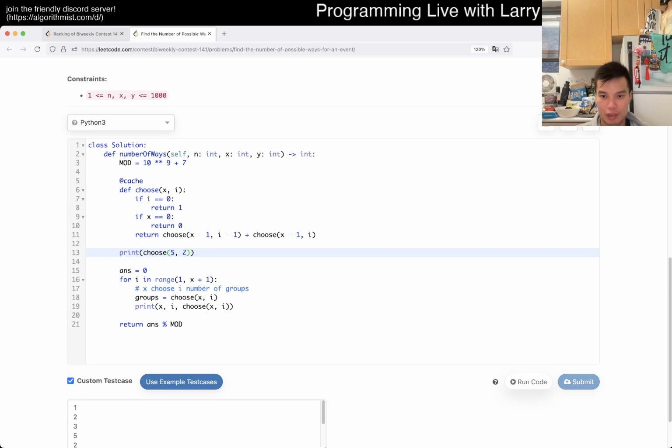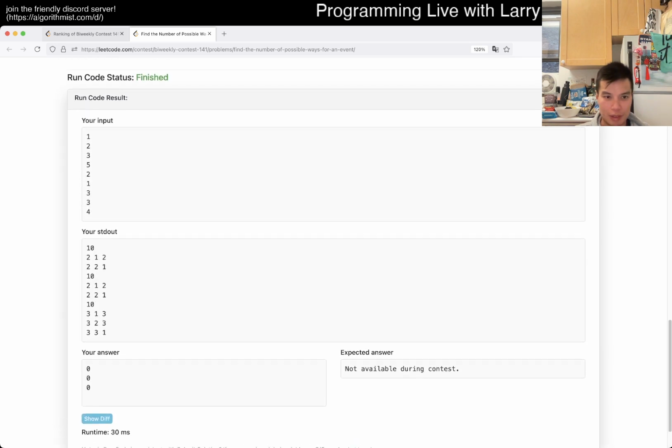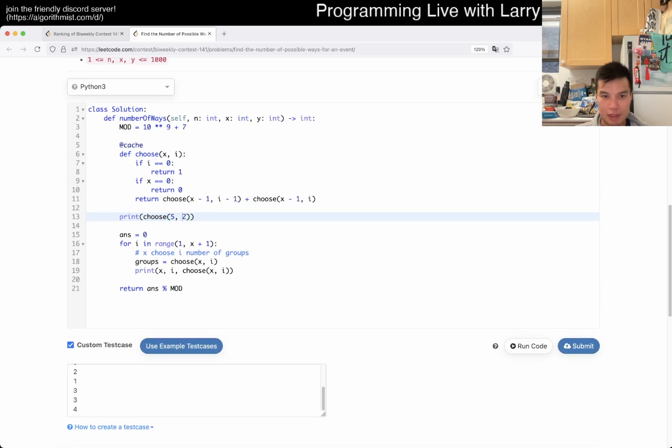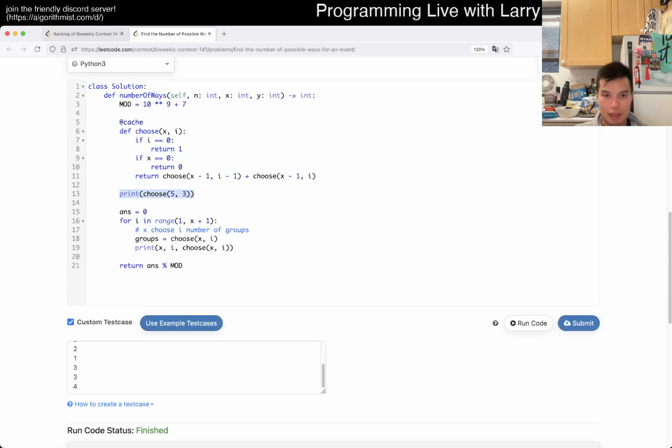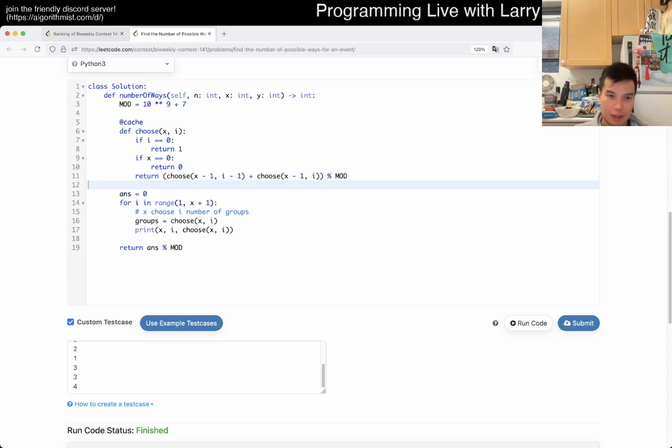This 5 choose 2 anyway. 10? I guess that's right. I'm so not confident in myself today. Yeah, okay, fine. This looks okay. We have to mod it. Okay, yeah.